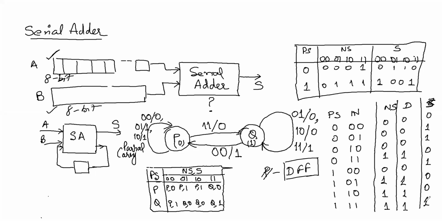Now what I have to do is draw the circuit. So if you recall, if I'm using a D flip-flop, this is the first thing which you need. Maybe I'm using a positive edge triggered flip-flop.